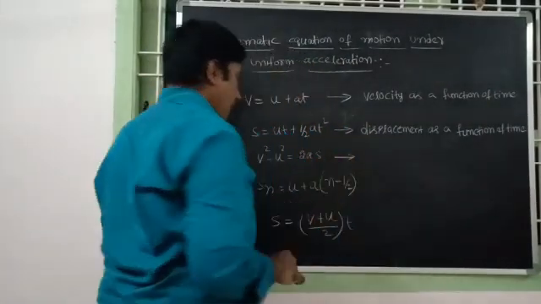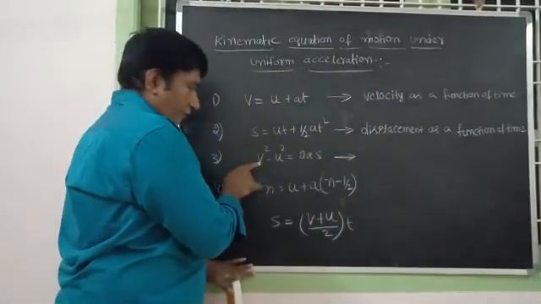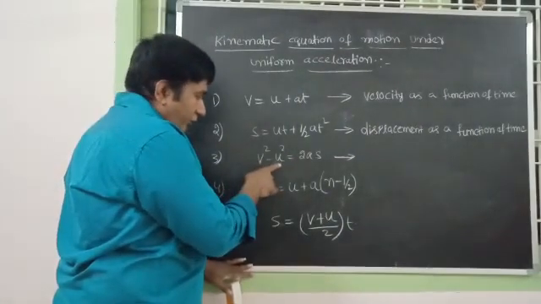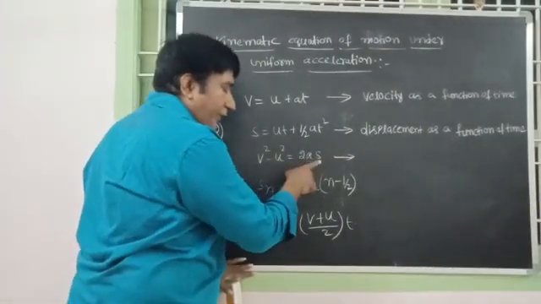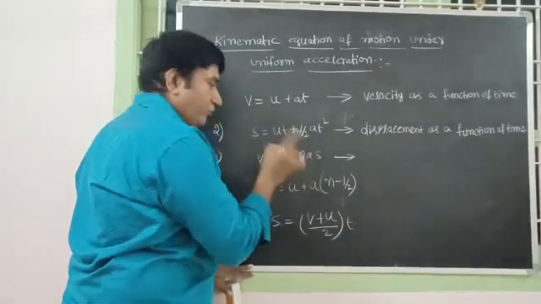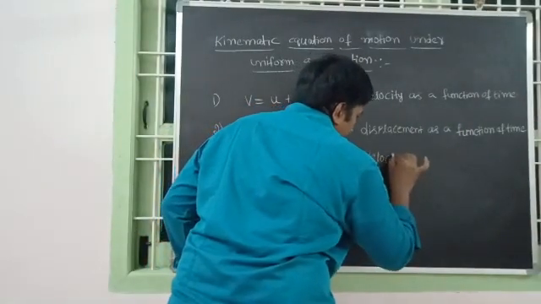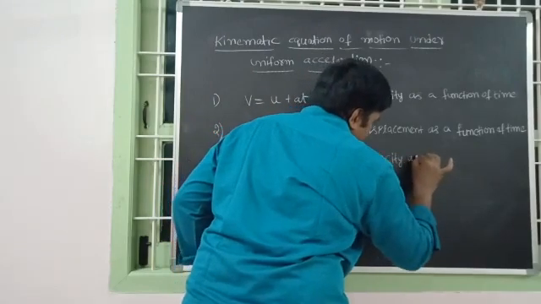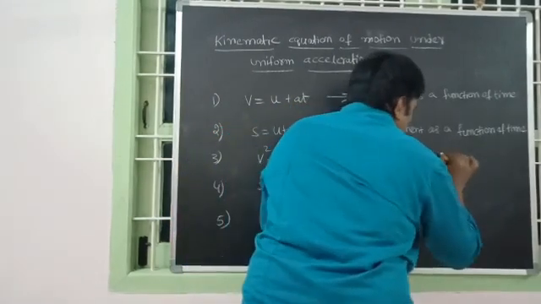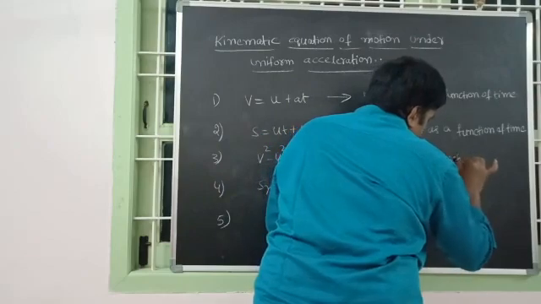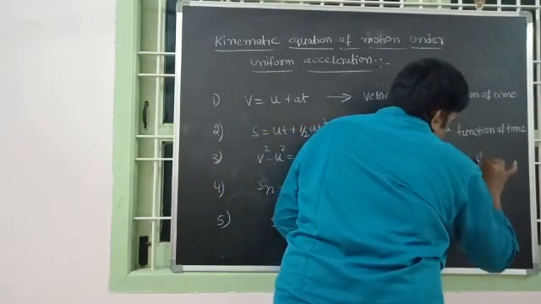Then the third equation: V represents final velocity, U represents initial velocity, and S represents displacement. A is a constant, 2 is also a constant. So this is velocity as a function of displacement.